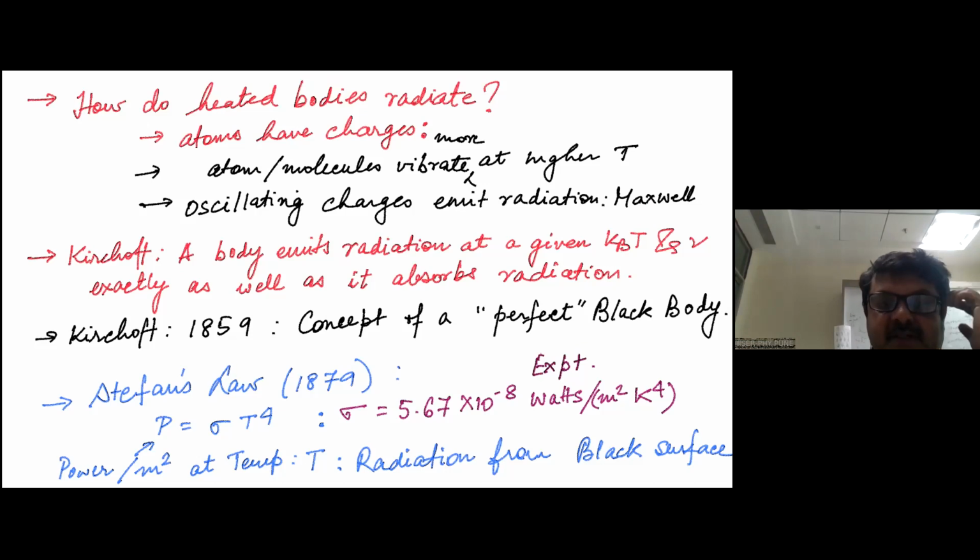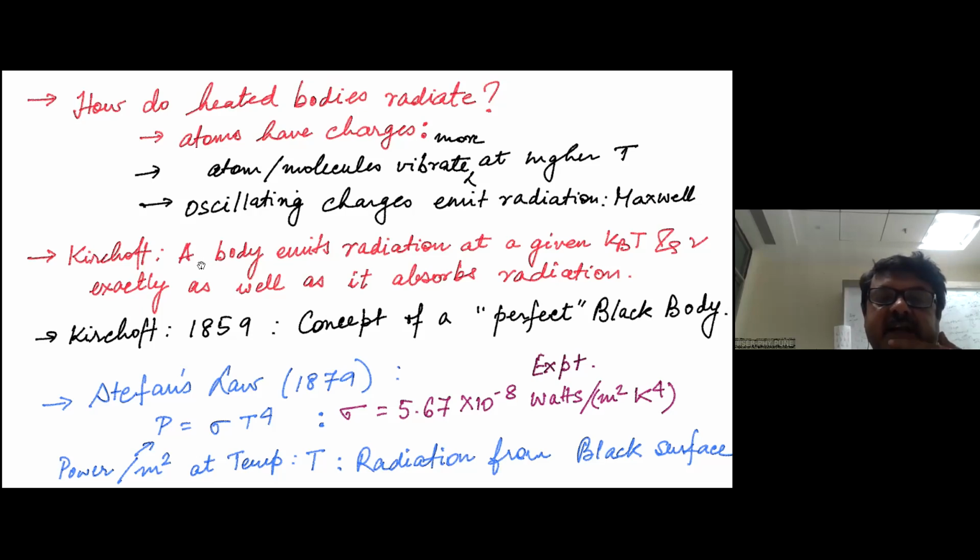But people were generally discussing the concept of a perfect black body. Can one define something? And then at some point of time, Kirchhoff, from thermodynamic arguments, also observed that a body, so in a room you could have many different bodies, some metal, some wood, some black, white, or all sorts of things.